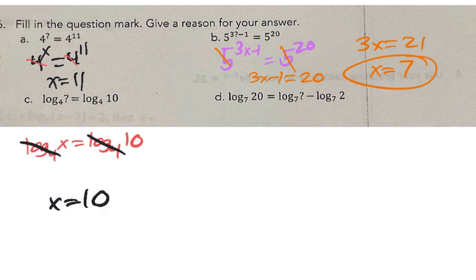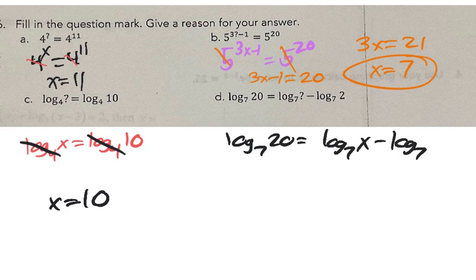So when you look at D, you see how D is log base 7 of 20 equals log base 7 of something. Can I drop all of these logarithms? I can't drop them yet because it's not a single logarithm.